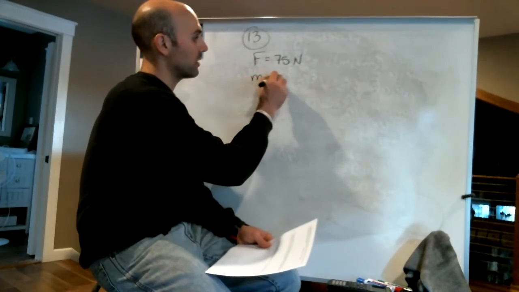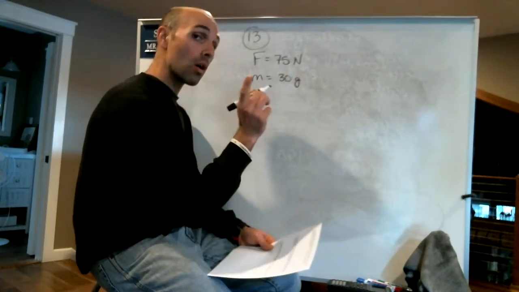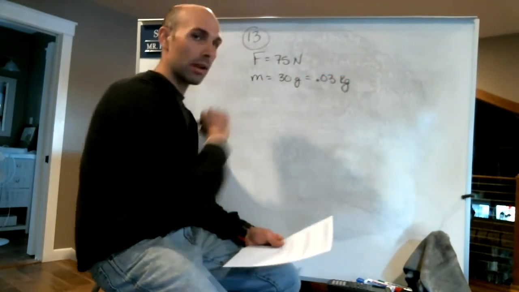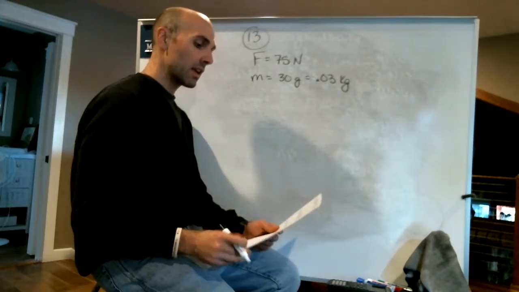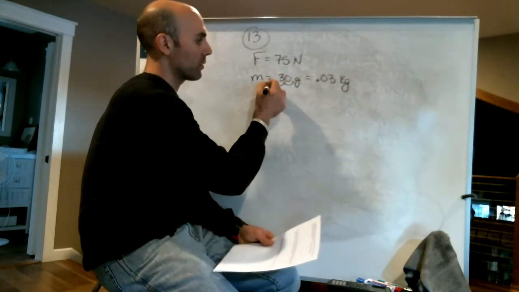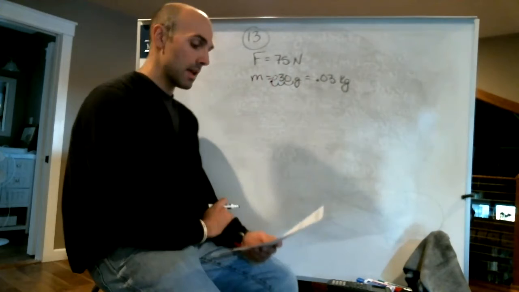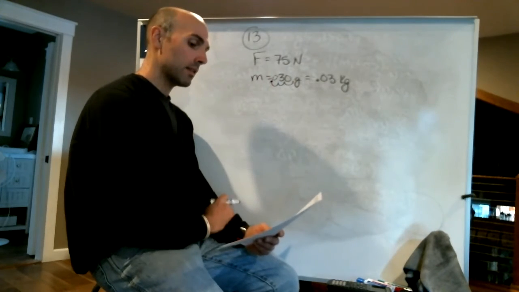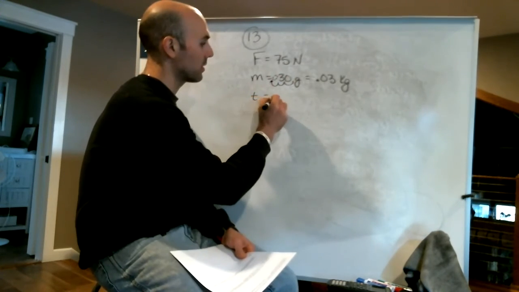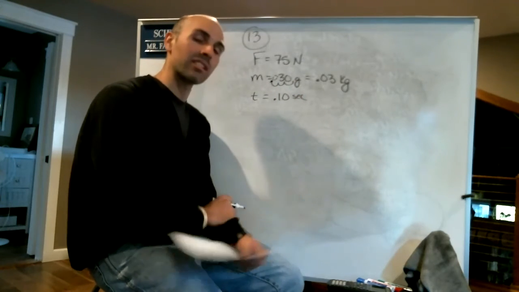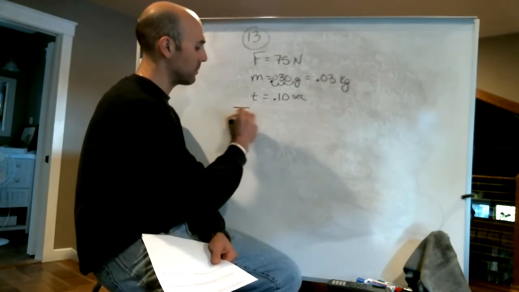The mass is 30 grams, but we know that we don't like grams, so it's 0.03 kilograms, because we have to move the decimal 3 times, 1, 2, 3, and we're going to put in that placeholder, that 0 right there. And the time is 0.10 seconds. Determine the impulse experienced by the baseball. We want to find the impulse.